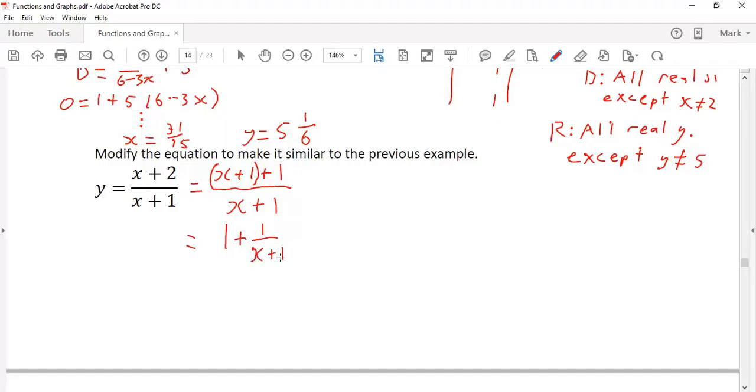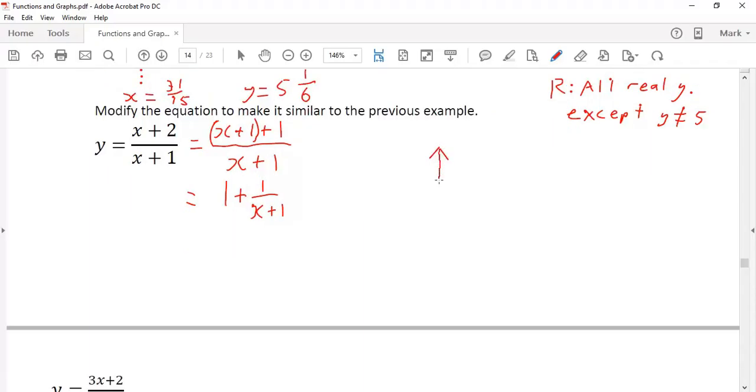From analyzing this, we know that x can't be negative 1, and that the graph's going to be shifted up 1.